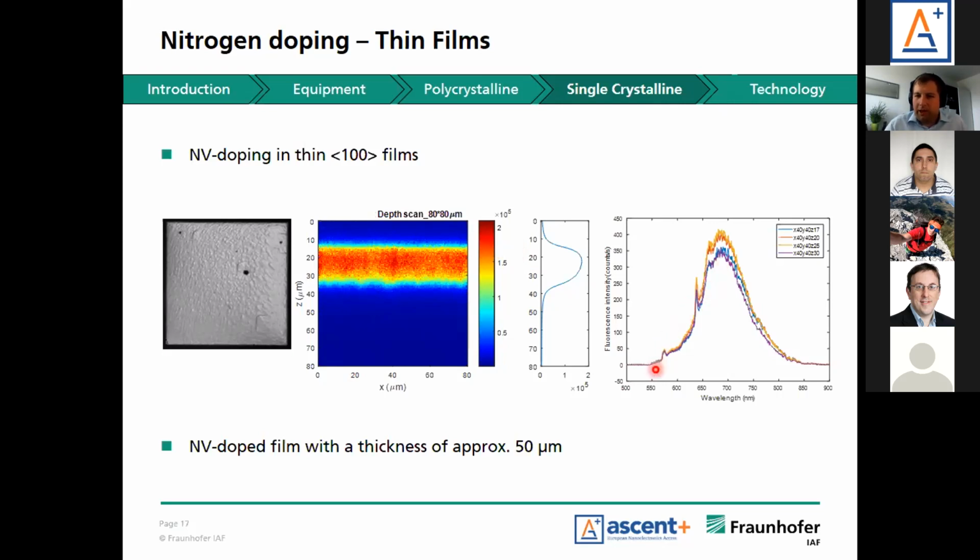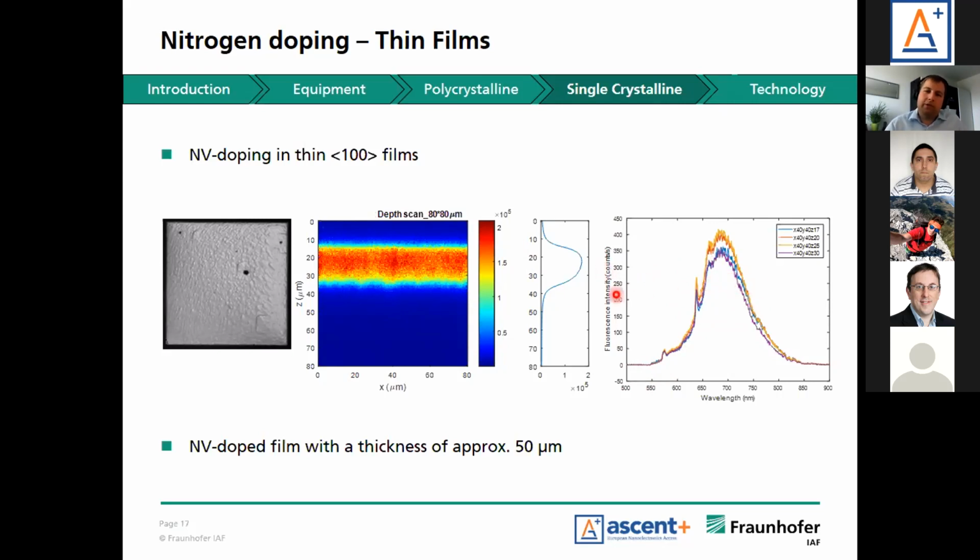Then here on the right-hand side, this is again a photoluminescence spectrum. Here, the Raman peak is not visible because the luminescence from the NV defects is way higher than the Raman peak. And you see here the NV0 zero phonon line, and the NV minus zero phonon line. And as I mentioned before, the huge sideband.